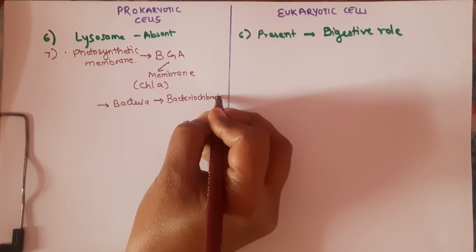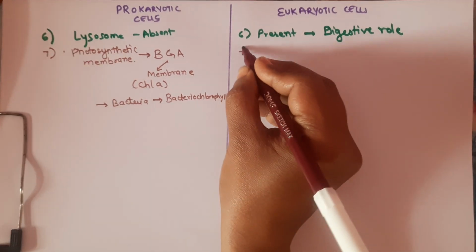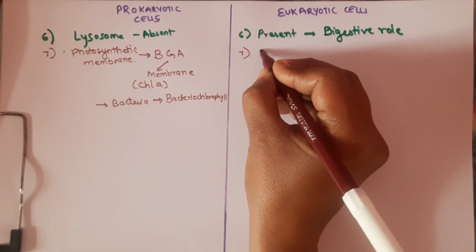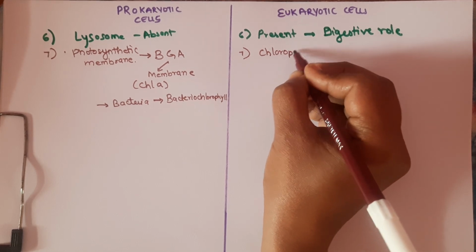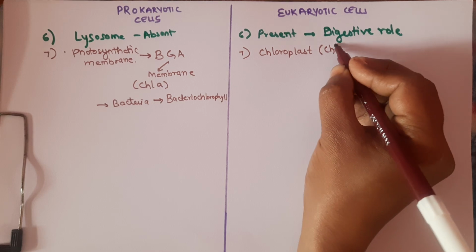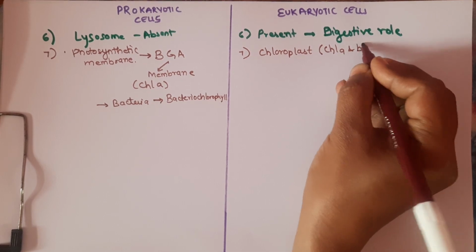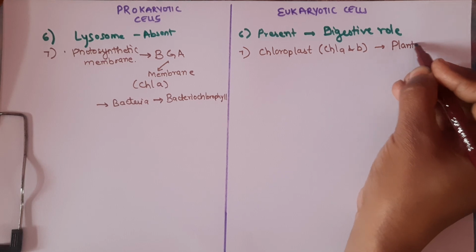And in case of the eukaryote, the chloroplast having the chlorophyll A and B are present only in the plant cells.